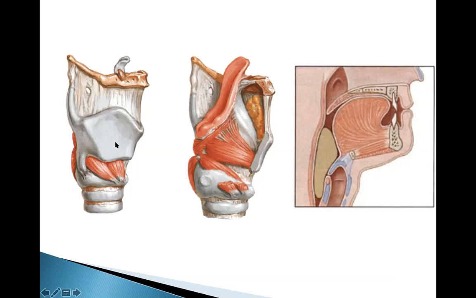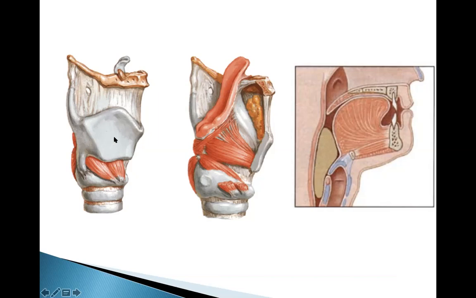We have the very large anterior thyroid cartilage, the largest of all of the laryngeal cartilages. It's a very broad kind of U-shaped cartilage that sits anteriorly with its laryngeal or thyroid prominence, and then has these nice big lateral sides, and in the back has this cornu or horn that helps to attach it to the hyoid bone.